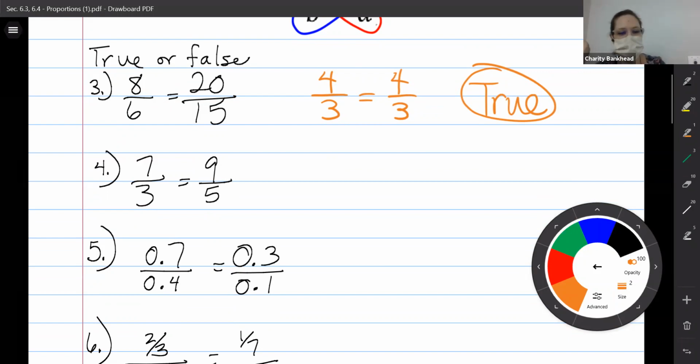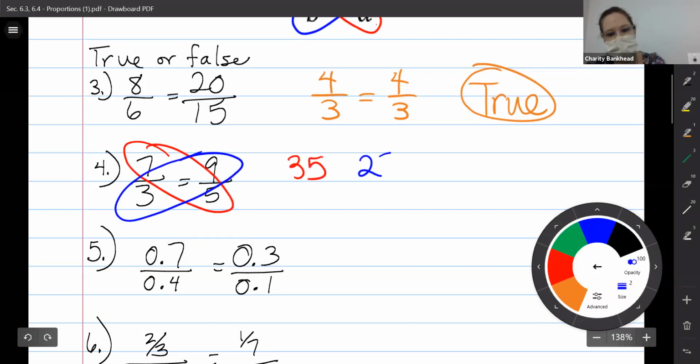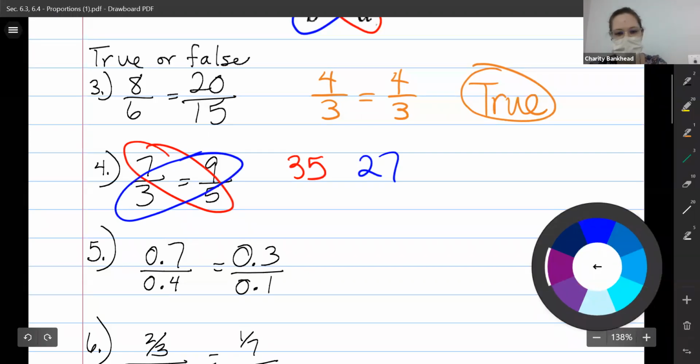If they were, they would look exactly the same, and they don't. But you can also do the cross multiplying to show it. 7 times 5 is 35, and 3 times 9 is 27, and if it wasn't obvious enough before, now it's really obvious that those are not equal, so this is false.